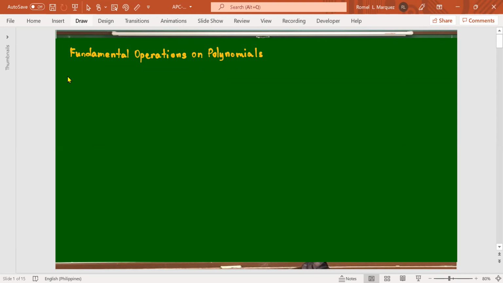We start with addition of polynomials. Addition of polynomials can be done horizontally and vertically.